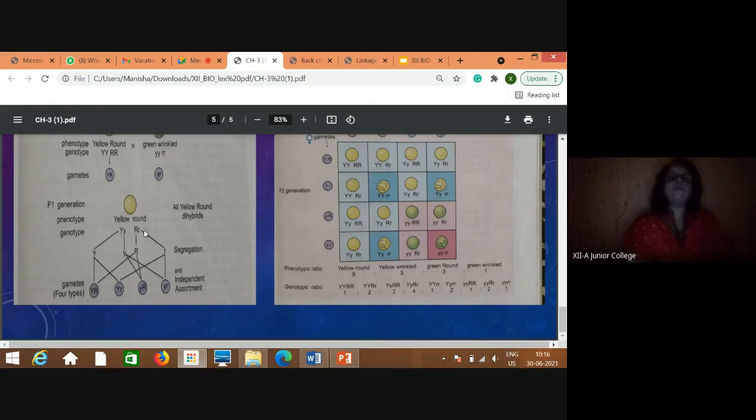When only one single character is there, then they show the genotype of either of the parents. But here, when two characters are considered, yellow, green and round, wrinkled, then two more types of gametes are formed which are totally different than their original parents. This is what is called independent assortment.